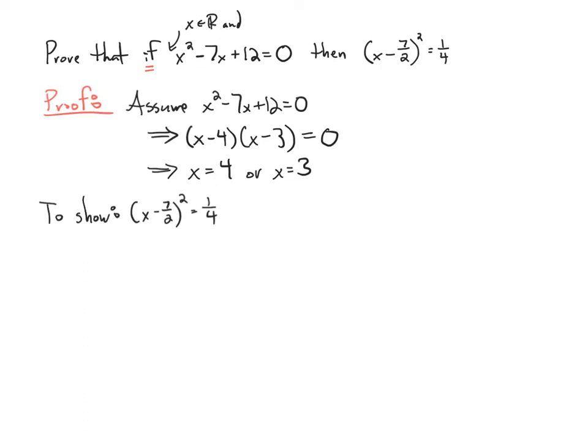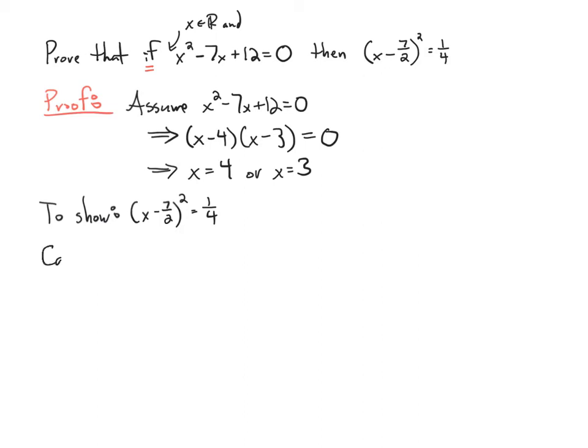In some sense, our if part is a hidden version of: if x equals 4 or x equals 3, then this expression equals a quarter. So let's go ahead and do this.